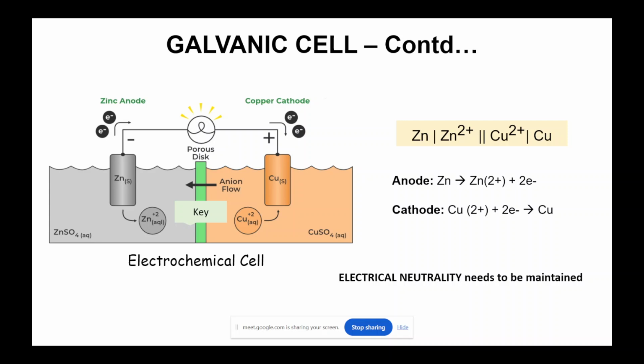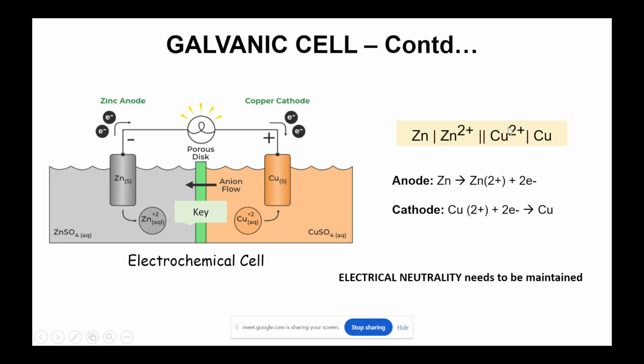Similarly, the electrons move from the anode to the cathode, and then the Cu2+ ions along with the two electrons undergo reduction, leading to the formation of copper, which gets deposited on the surface of the electrode. We also discussed the typical representation of a galvanic cell.